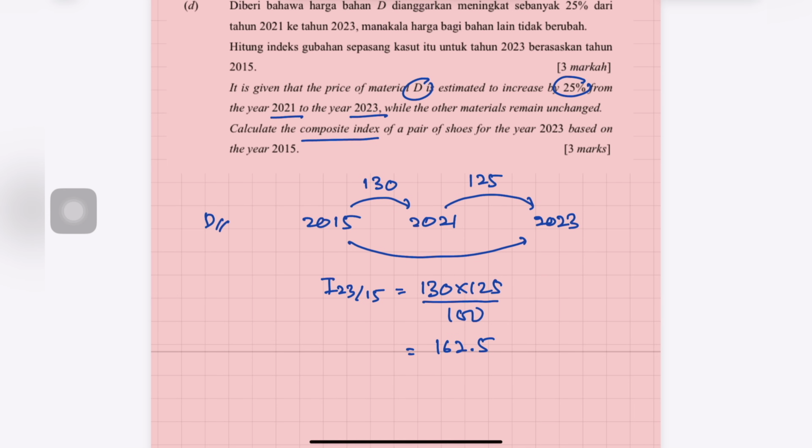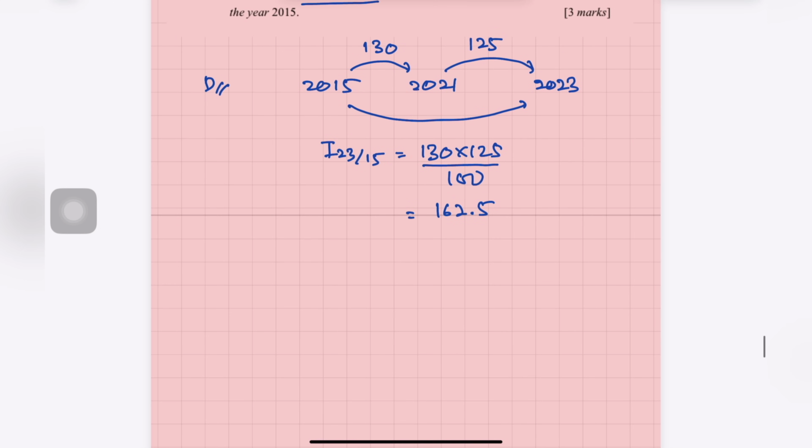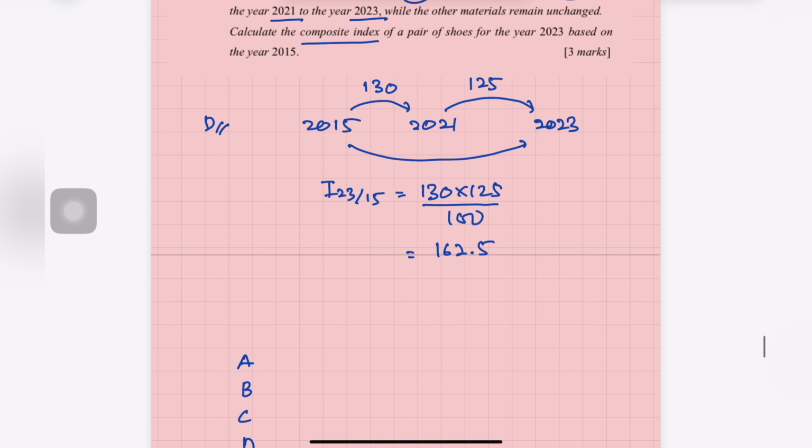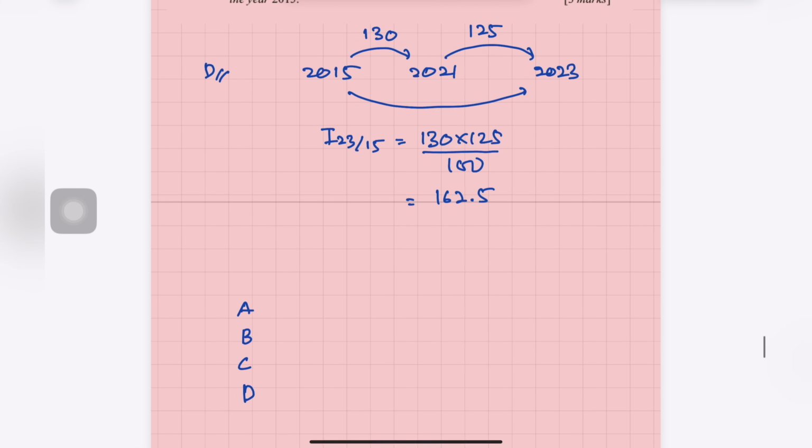So kita kena buat table baru lah for item A, B, C, D. Okay, A, B, C, D ni dia remain unchanged. Dia kata kat sini remain unchanged untuk A, B, C, D. Okay, so then dia punya I for 23 base 15 sama lah.